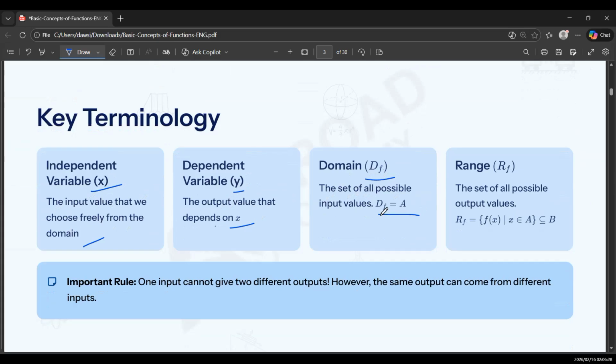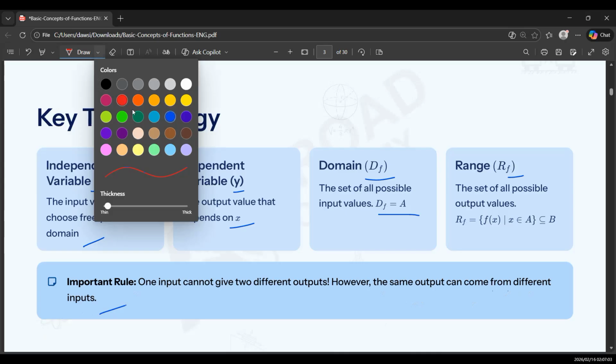D sub f equals A, and the range R sub f is the set of all possible output values. R sub f equals the set of f of x such that x is an element of A, which is also a subset of B. Important rule: one input cannot give two different outputs. However, the same output can come from different inputs. Okay, so let's move to our next slide.